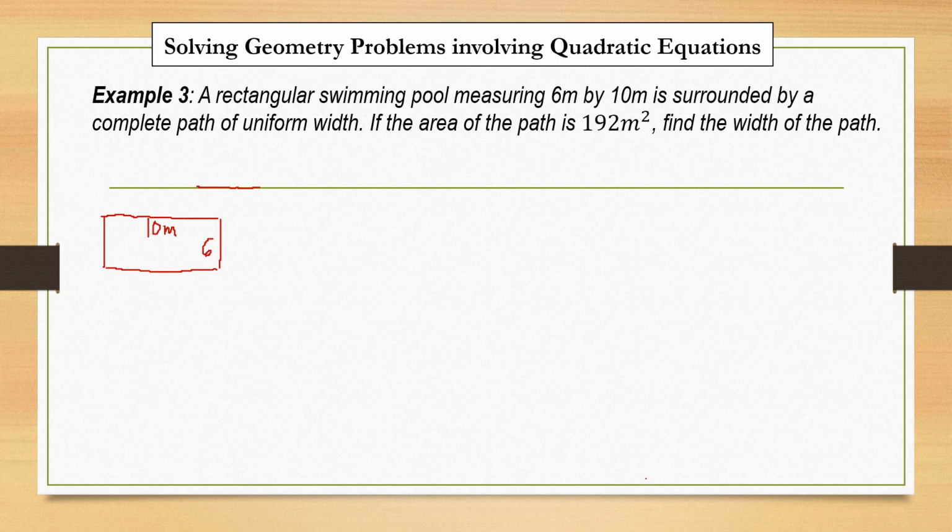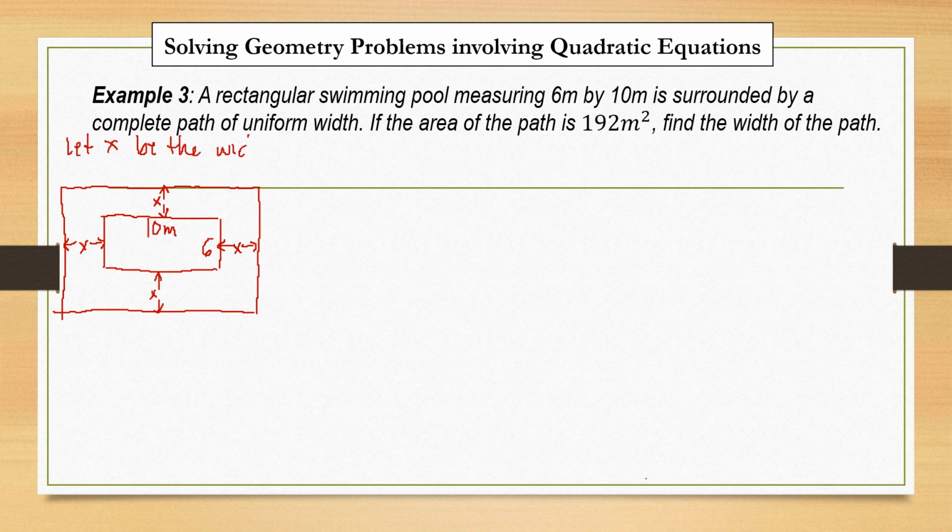It is surrounded by a complete path of uniform width, which means that the distances are the same. So let us represent the width of the path as x. Let x be the width of the path.